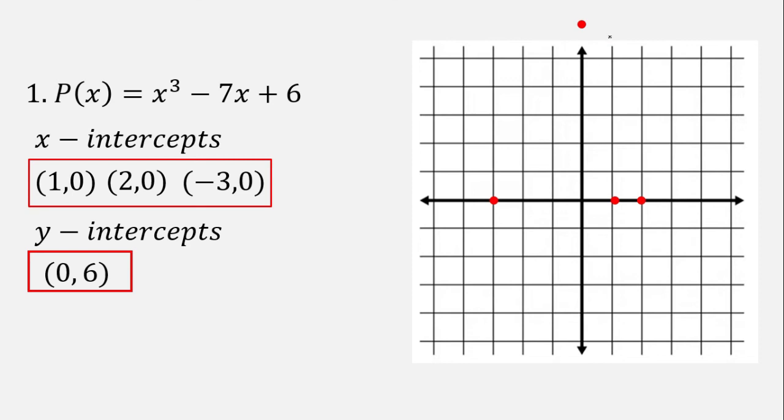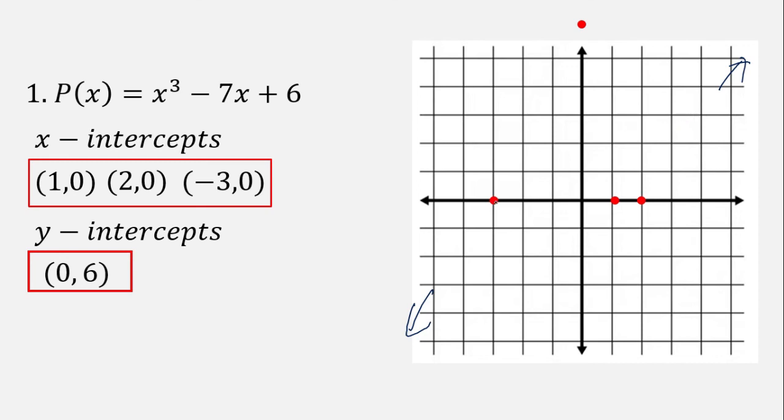I put 0, 6 here because we only have 1, 2, 3, 4, 5, and 6 is here. I just assume that 6 is here, and that's one. Now let's look at the end behavior. This is positive odd. If it is positive odd, then it falls to the left and rises to the right.